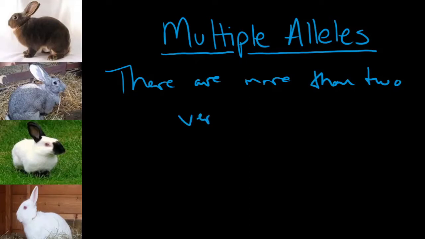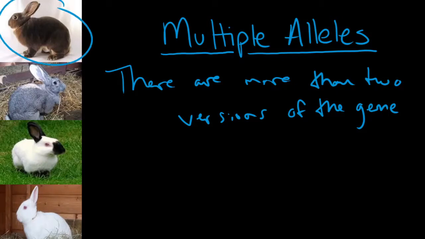And a great example of this is rabbit coat color. The interesting thing about rabbit coat color is that there is actually a bit of a hierarchy of dominance, where you have what we would call a full color rabbit up here.